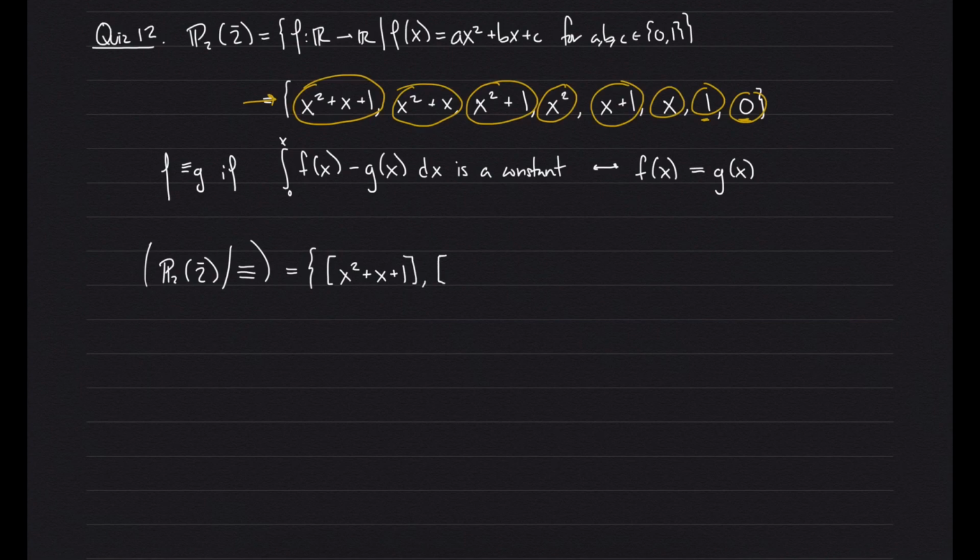Okay, so keep in mind that it's not exactly the same as P_2(Z_2) itself, because, for example, this guy is just a different way to write the set that consists of this one element, which is this function here.